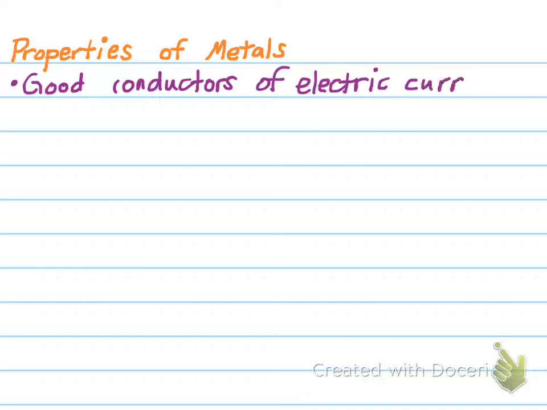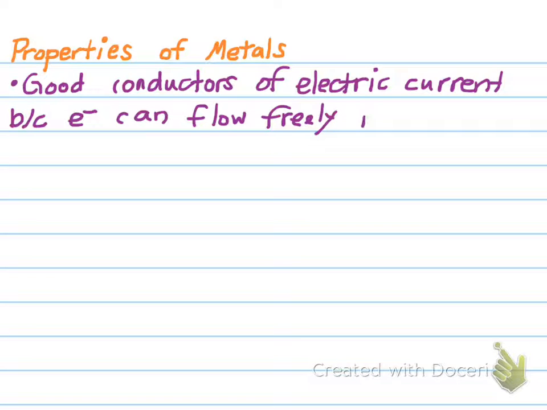Right, basically we said that they conduct electricity. And this is because those electrons can flow freely in the metal. So this is because of that sea of valence electrons that are holding and surrounding these metal ions.